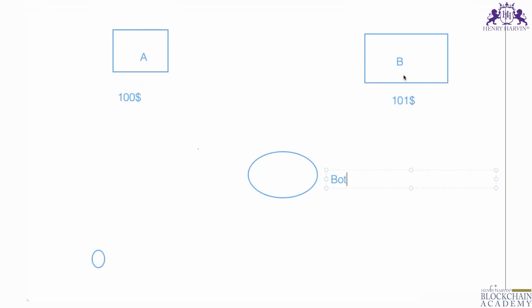This bot found this situation: there is a price difference between exchange 1 and exchange 2.